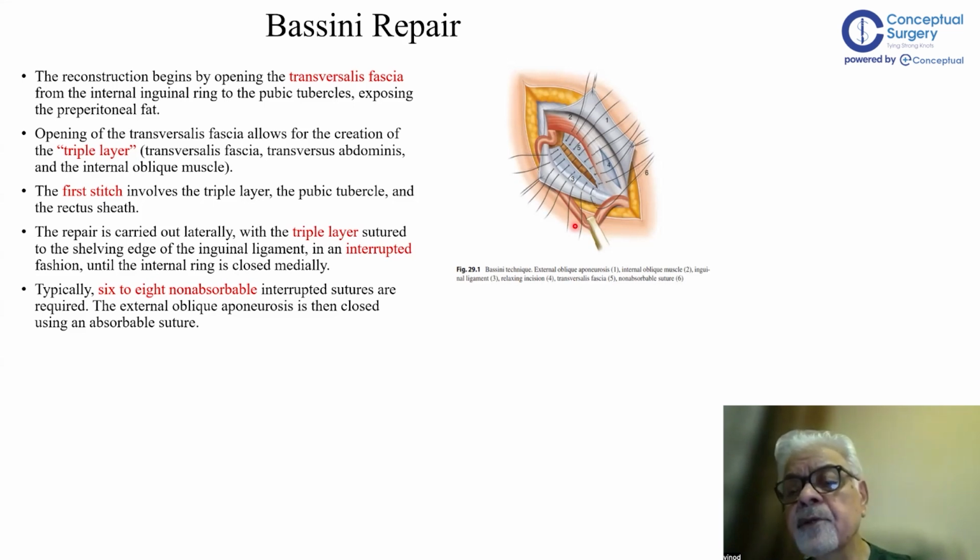If you look at the conjoint tendon, there will be part of that fascia posteriorly, or part of the muscular contribution of the transversalis fascia, which will be tendinous in nature. So your aim is to oppose this to the inguinal ligament. You take one stitch to the tendinous portion of the conjoint tendon, which is a contribution of the transversalis fascia, and then attach it to the inguinal ligament.